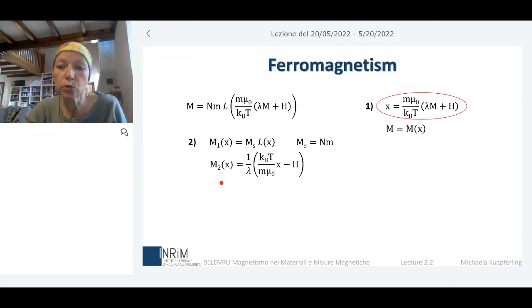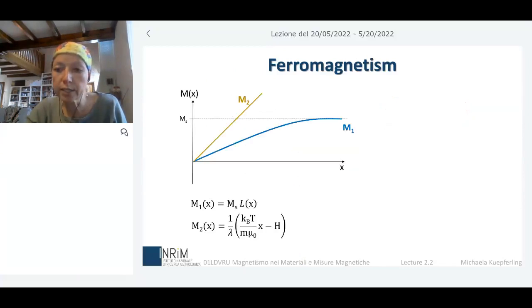And function 2 instead is, if you express M from this equation here as a function of x, this M2. And of course, we will find the solution of this equation when we have a crossing between these two functions, so for any x where M1 is equal to M2, and this we have to solve graphically.